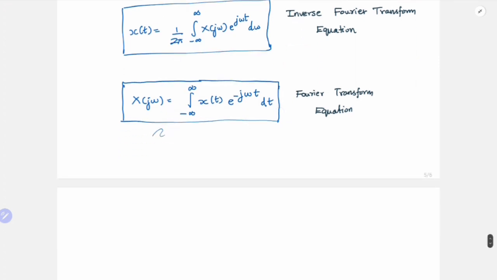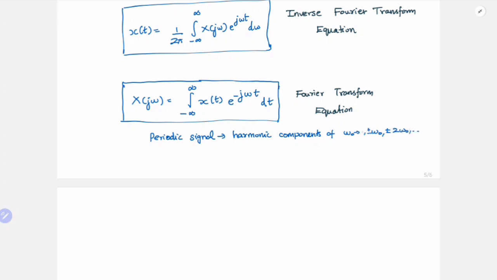So what is our observation for a periodic signal? We had harmonically related components of omega naught, right? Like minus omega naught, 0, omega naught and so on.